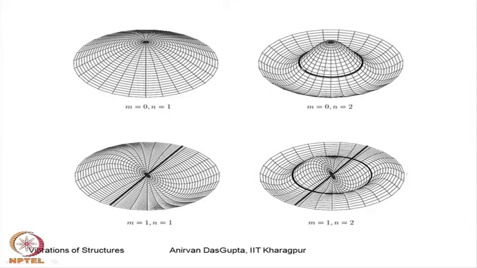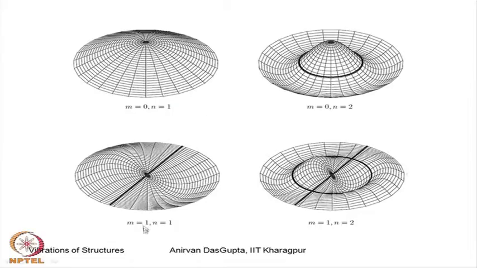As n increases, you have these nodal circles. This is a nodal circle, and these are axisymmetric modes, as you can see. n equal to 2 has one nodal circle, n equal to 3 will have two nodal circles.